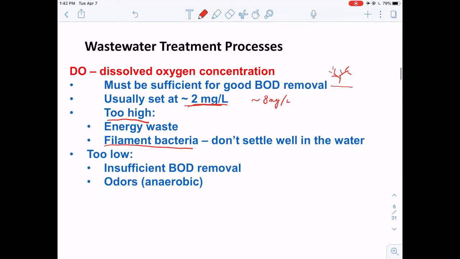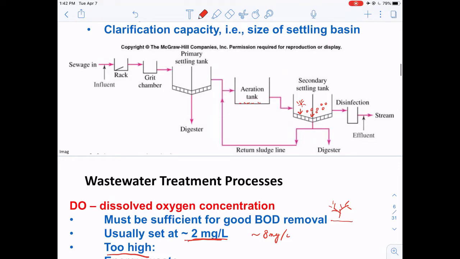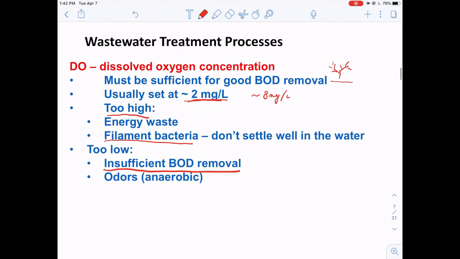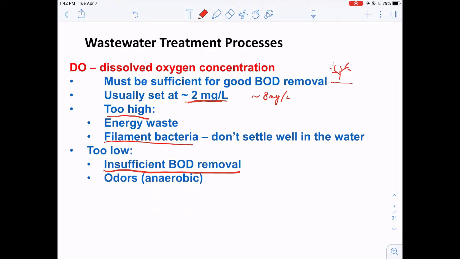But we also cannot set this DO concentration too low, because once it's too low, there won't be sufficient oxygen to oxidize the organics in the aeration tank, which means we cannot remove the BOD sufficiently. Also, if the oxygen concentration is too low, then as we learned in our last class, anaerobic decomposition is going to be preferred.